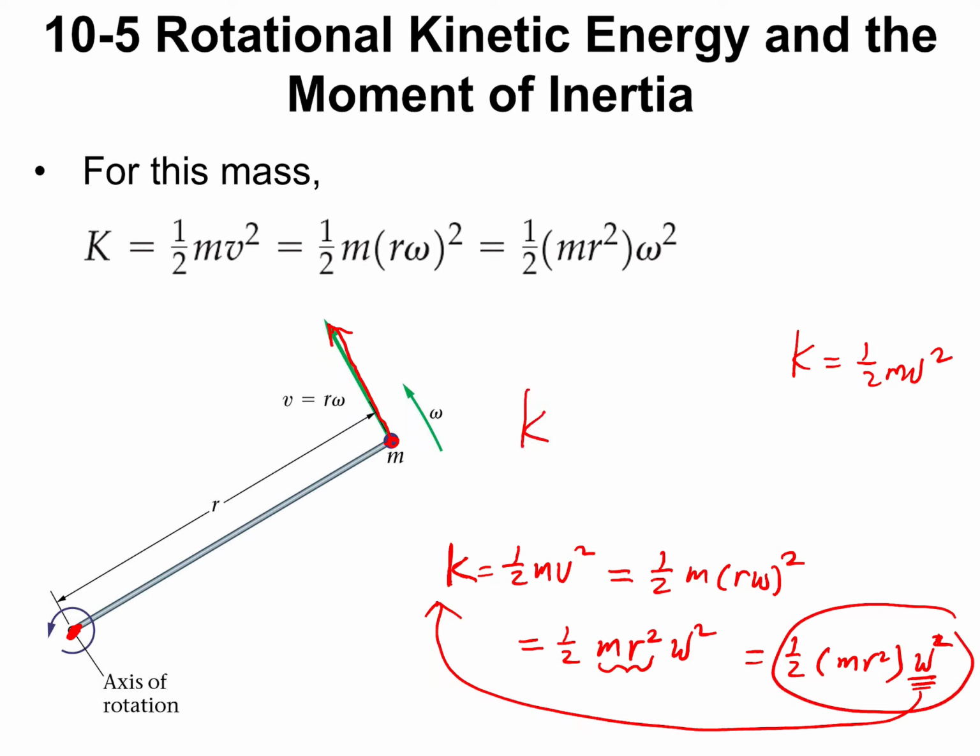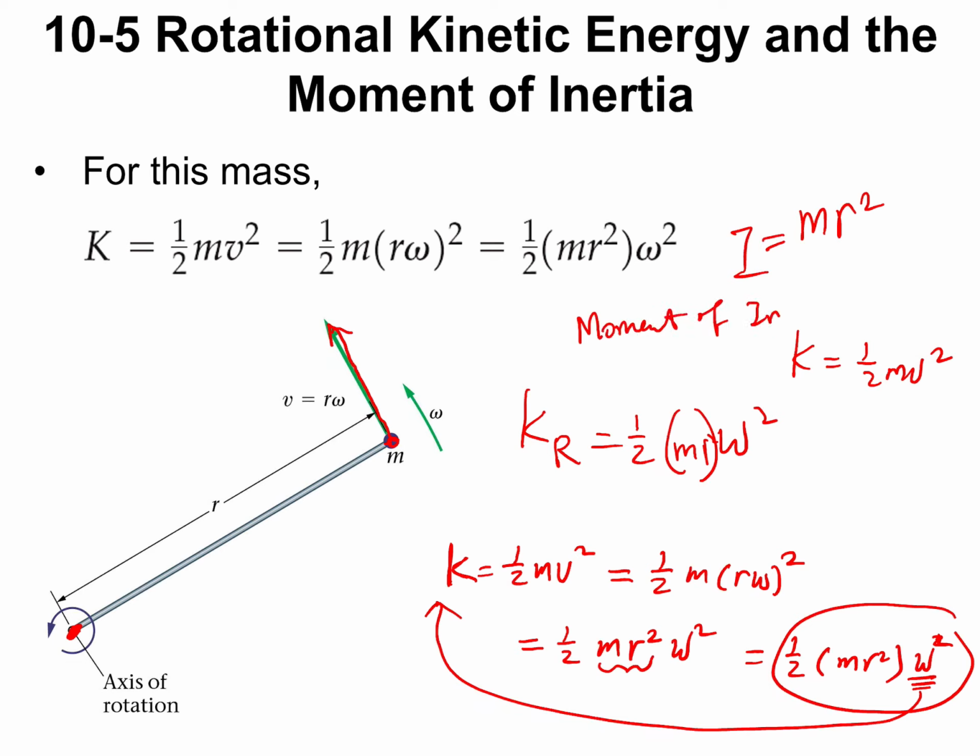So Kr equals 1/2 omega squared times something in the middle, m r squared. We call that the moment of inertia. The moment of inertia is actually a rotational inertia.